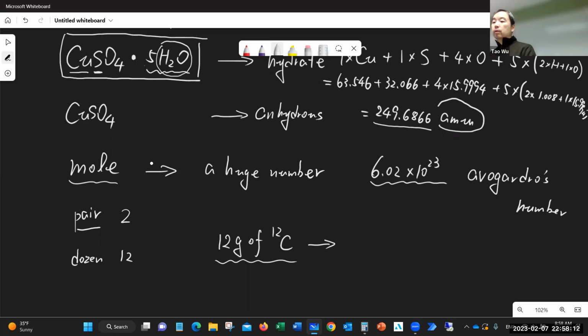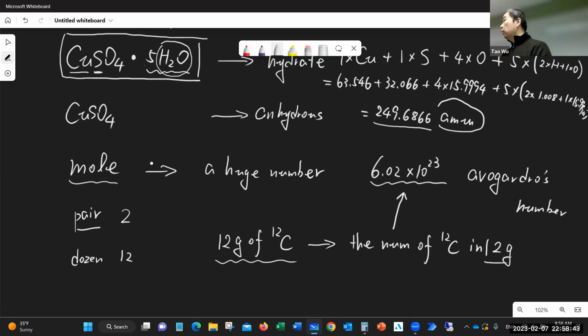So they measured 12 grams of carbon 12 and tried to figure out the number of carbon 12 atoms in 12 grams. And then they figured out a number, and this number is Avogadro's number.